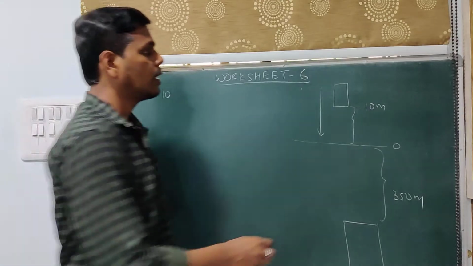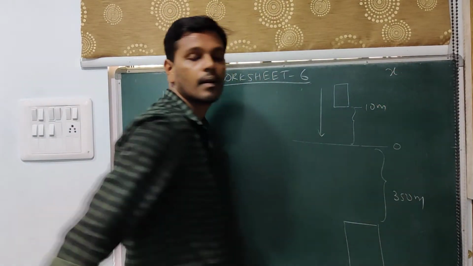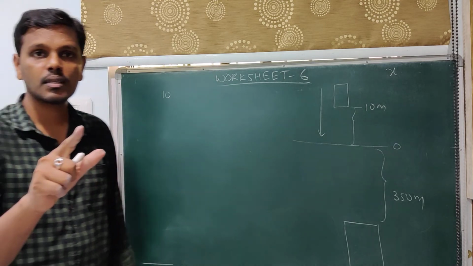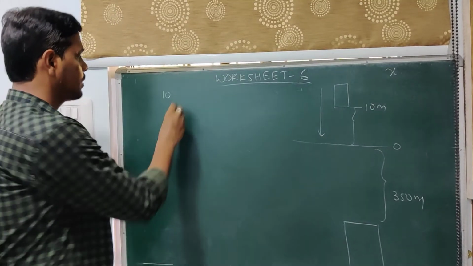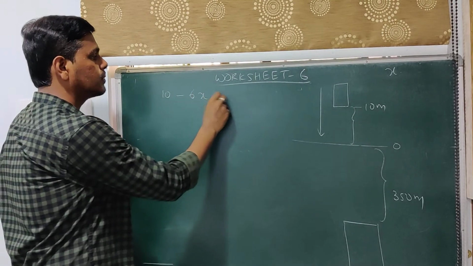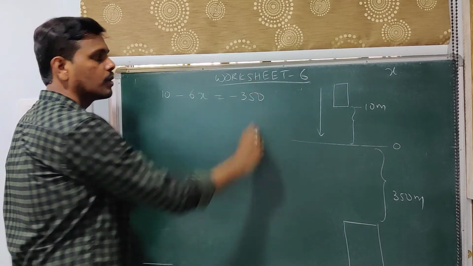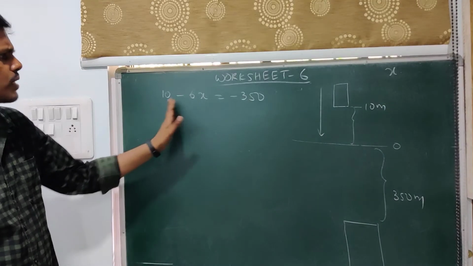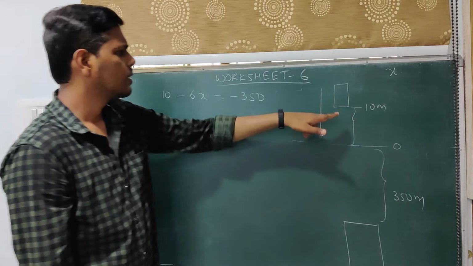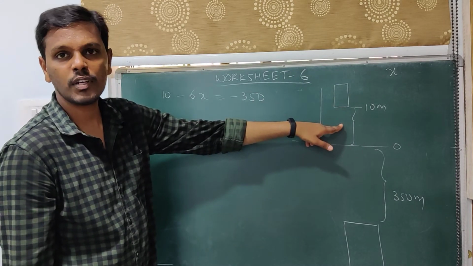Let us assume that it takes x minutes. 1 minute 6 meters, x minutes, may I say it goes 6x, and that will be same as minus 350. Just like the previous temperature problems, 6 meters is being reduced in every 1 minute.